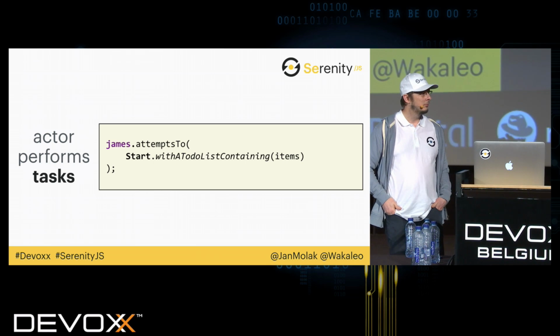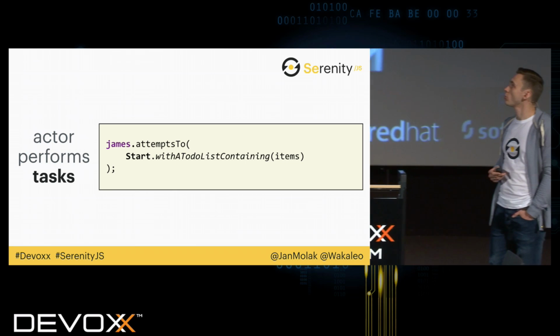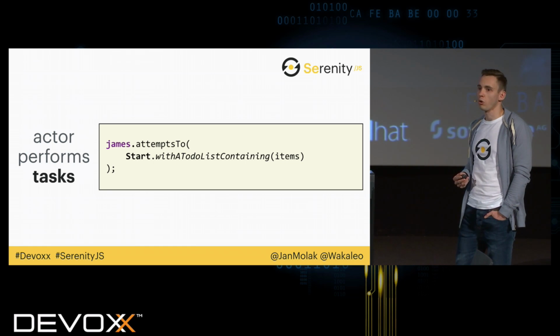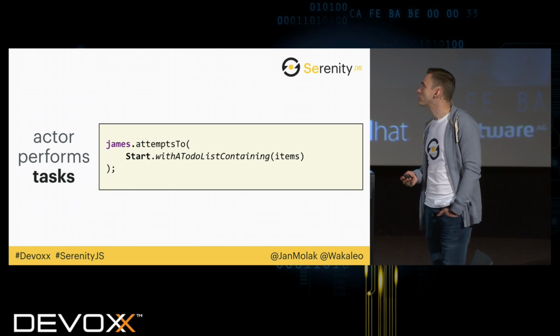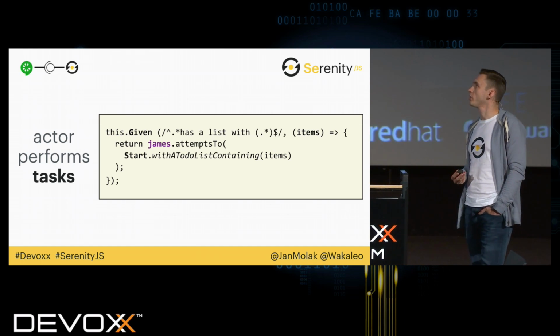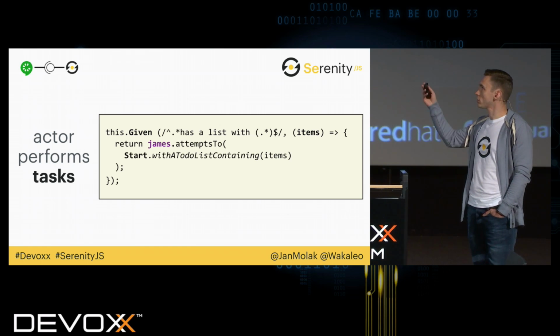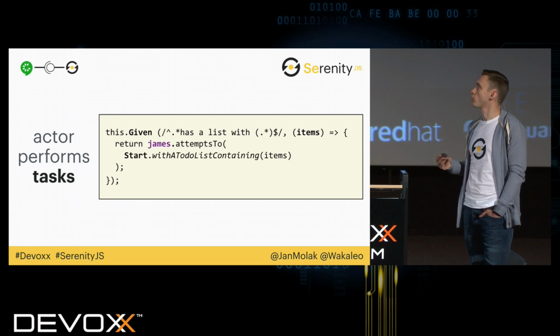So an actor can perform tasks. In the case of the Serenity-JS implementation, what we do is we basically invoke the attempts to method on the actor, and we give it a number of task objects. They're just basically commands that you can chain together. And if you wanted to plug them into the Cucumber steps, the only thing that we need to invoke there is this code, James attempts to start or perform some other action.